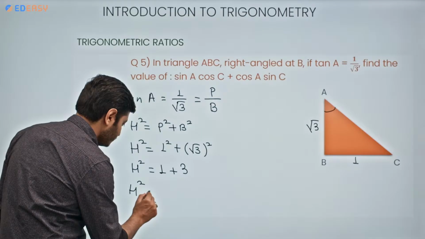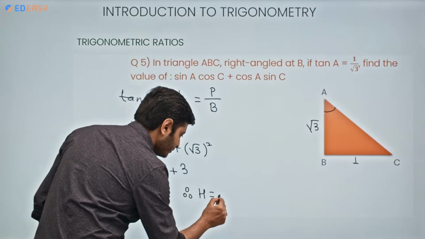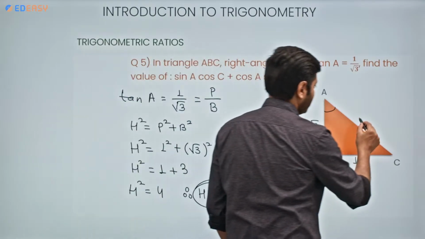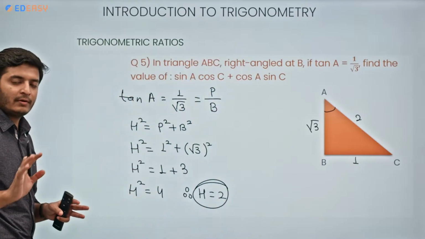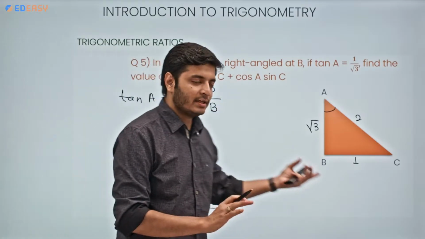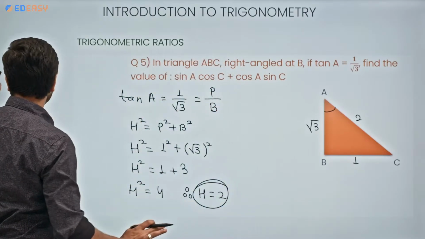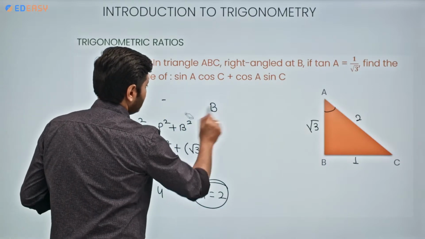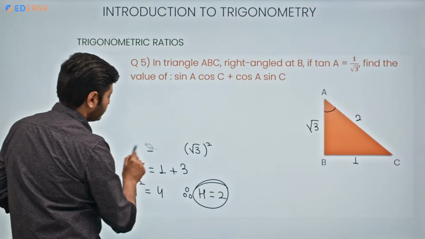H square is 4. Therefore, h is under root 4, that is 2. Now we know the value of hypotenuse, 2. Now we are done finding all these side lengths, not exactly the length but the ratios, correct? So I will erase this. You don't need to erase this part from your exam sheets. Now we can approach the problem.